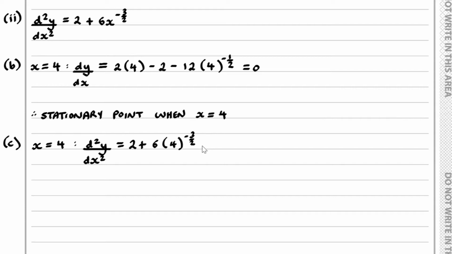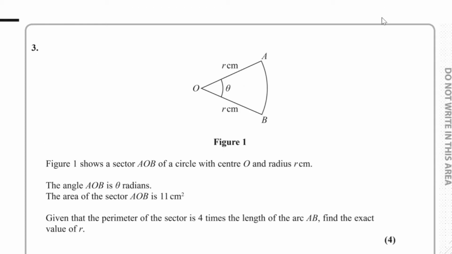And it turns out here we get 11 over 4. And because this is greater than 0, in other words, the second derivative is greater than 0 when x is equal to 4, we can therefore conclude we have a minimum when x is equal to 4.